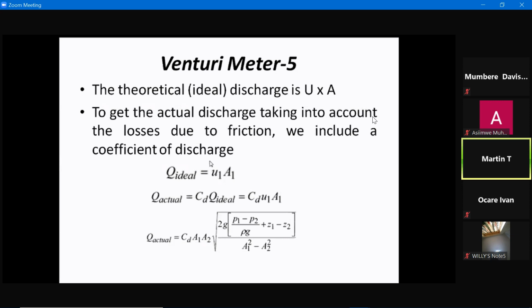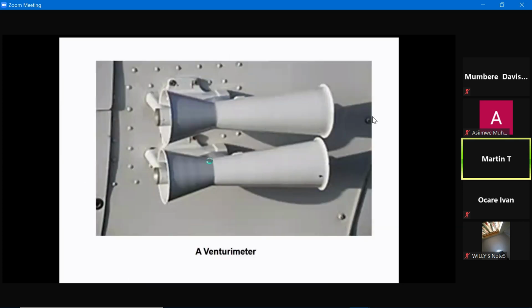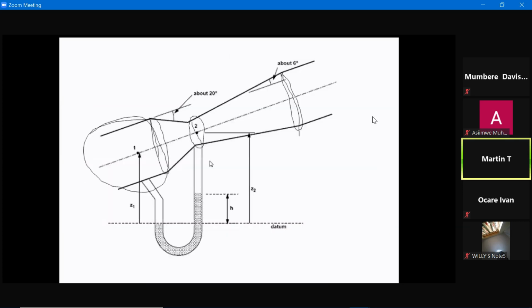Which pressure difference can be determined using a manometer? Because when you connect a manometer at point 1 and another limb at point 2, we have a manometric fluid rising up to a height that is proportional to the difference in pressure between the 2 points.